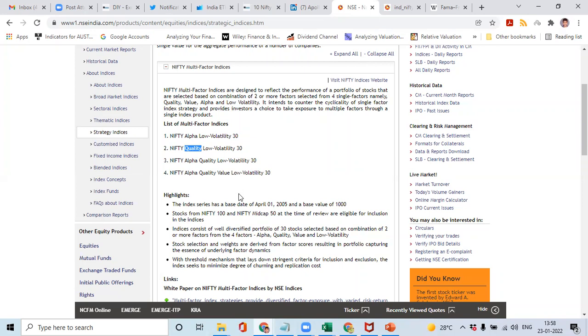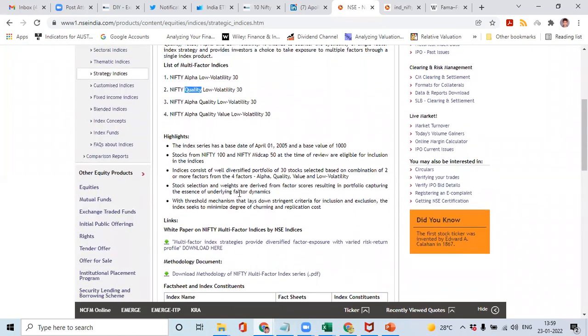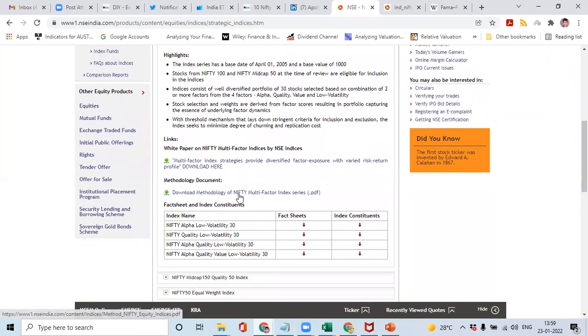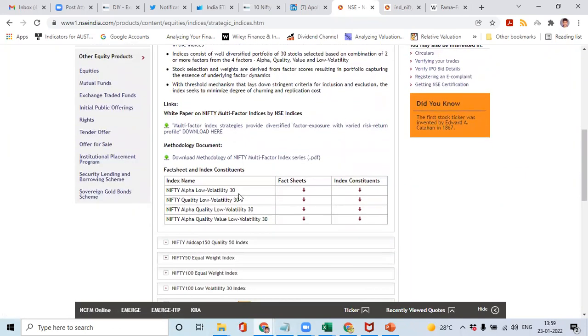And you can base this methodology on any broad market index. Instead of Nifty 200, if I extend it to Nifty 500, or if I extend it to Nifty Microcap, right? I can do whatever I want. Now this page will give you a factor sheet: methodology and factors.